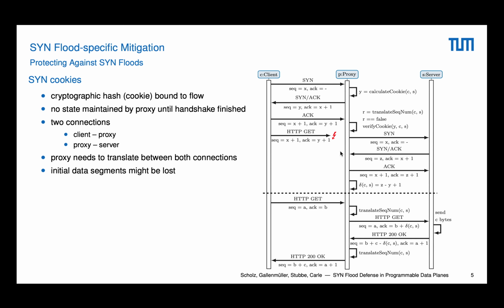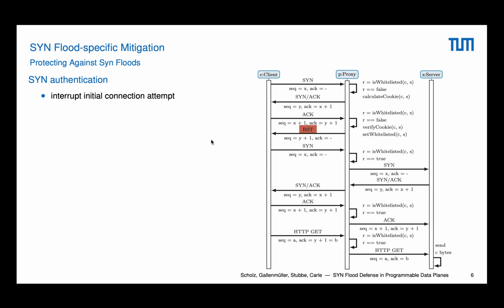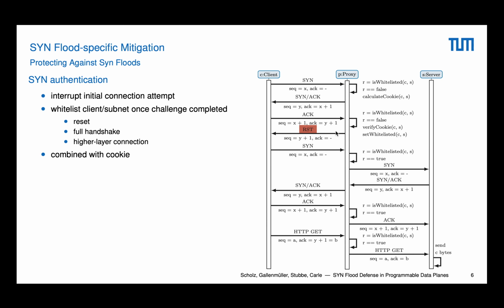If you look at SYN authentication, the idea here is quite different, because here we explicitly interrupt the initial connection attempt and only whitelist once a challenge is complete. So here we receive the SYN and see it's not yet whitelisted, so we send it back, and only once the client finishes the handshake do we whitelist the connection and terminate the first connection. This can include not just the handshake, but even a higher layer connection.